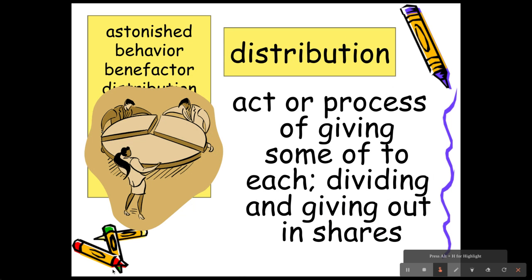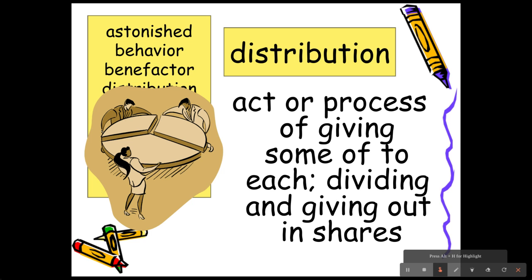My next word is distribution. Distribution is dividing and giving out in shares, or the act or process of giving some of to each. So if you have a candy bar and you distribute parts of it to your friends, you're trying to split it up equally so everybody has a piece. In my class, we talk about distributing graded papers back to students.